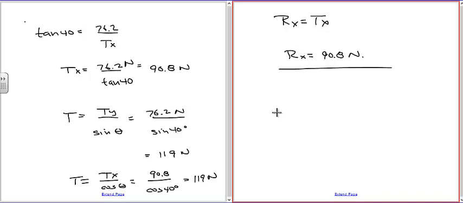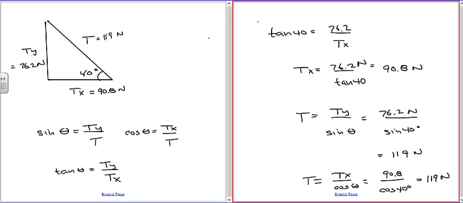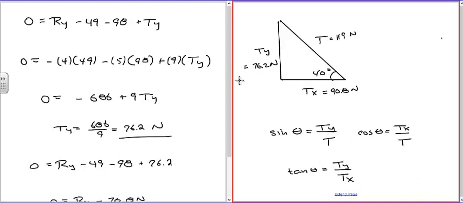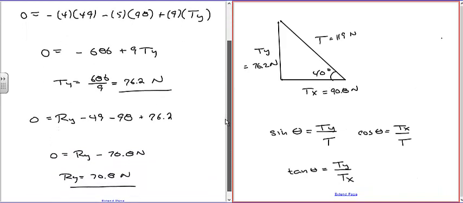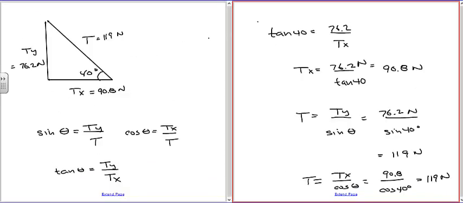So if you think about those support forces, you would get this kind of arrangement. You get R sub x equals 90.8 newtons, and R sub y is equal to, I forgot what it is already, 70.8 newtons.